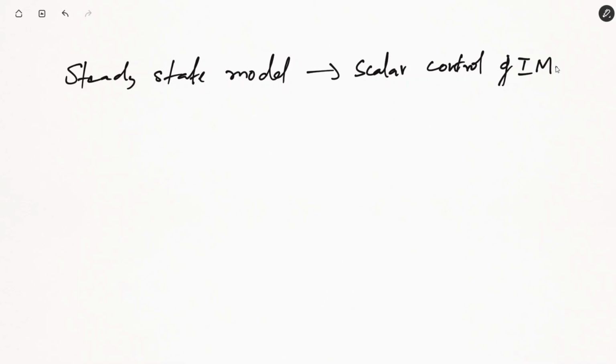The second type of mathematical model that we'll be doing in the next session is the dynamic model of induction motor. That dynamic model will help us obtain the vector control, will help us in understanding the vector control of induction motor.